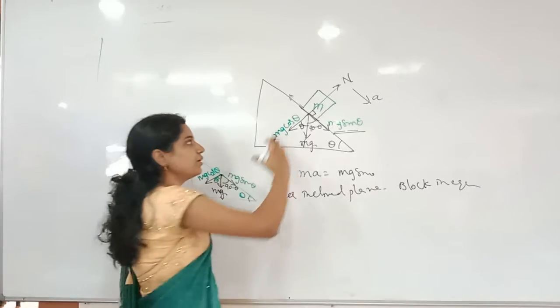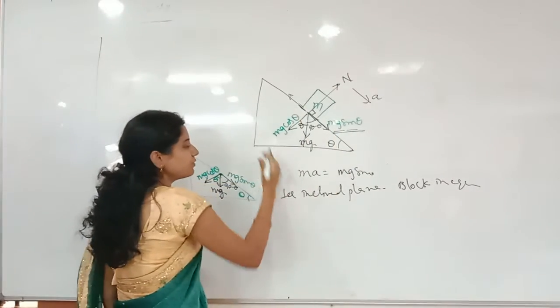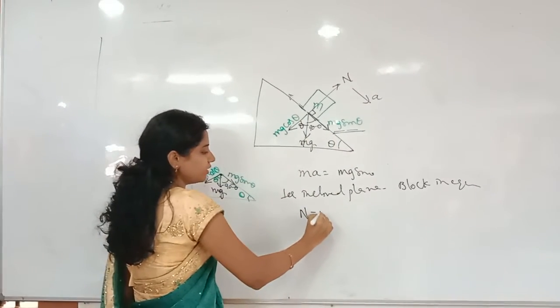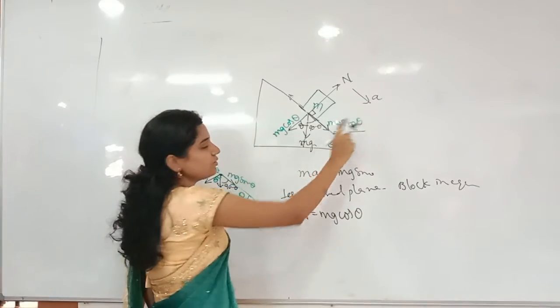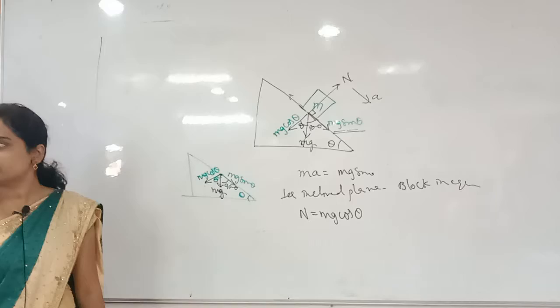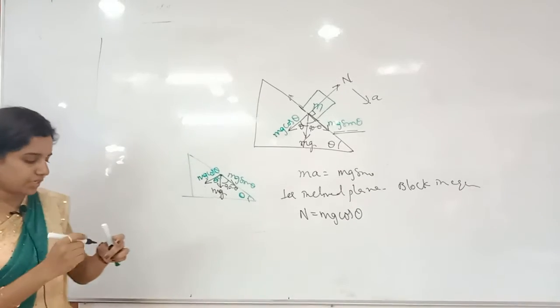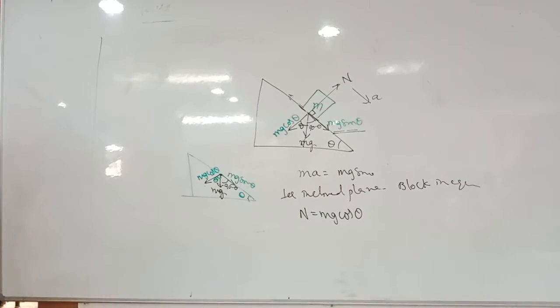So what can I write? All upward forces equal downward forces. That is, N equals mg cos theta, and ma equals mg sin theta. Clear everything? Copy that. Block on the inclined plane.